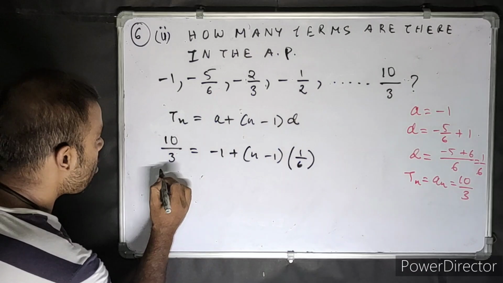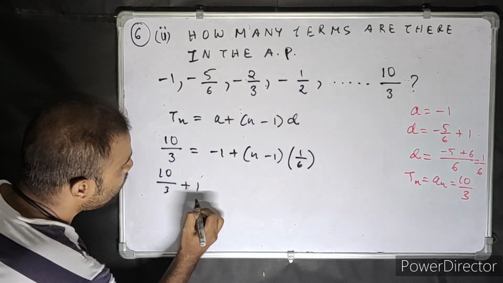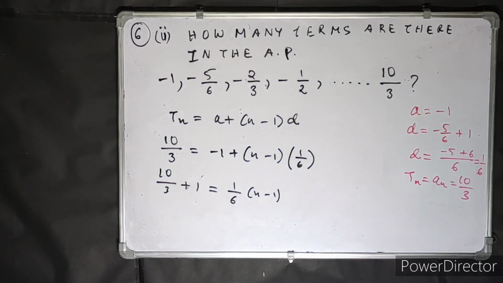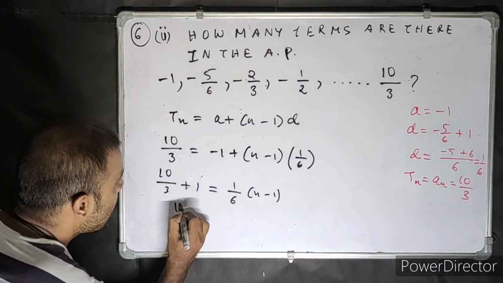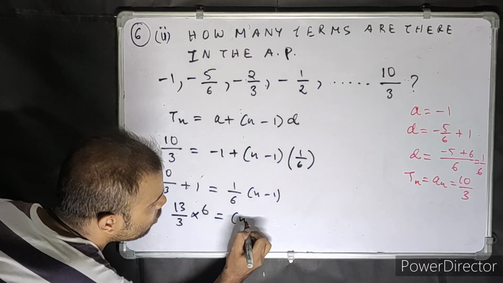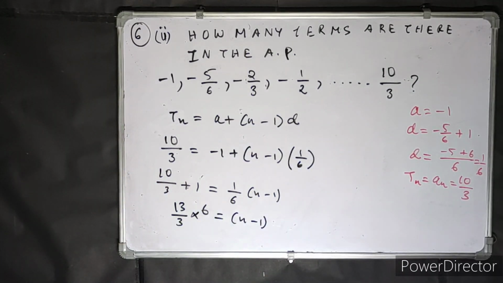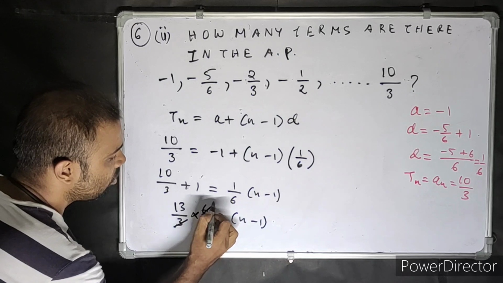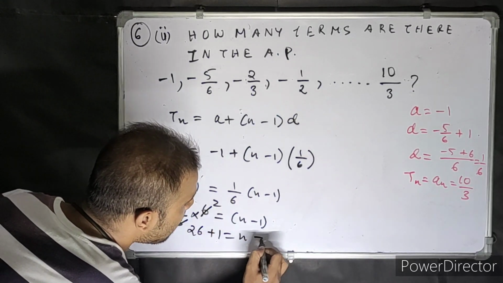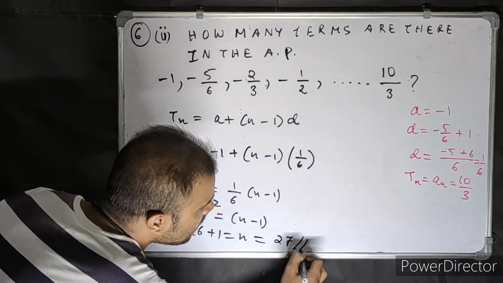So now you have 10 by 3 plus 1 is equal to 1 by 6 times (n minus 1). That's coming as 13 by 3 into 6 is equal to n minus 1. So 3 twos are 6, that is 26 plus 1 is equal to n, which is equal to 27.